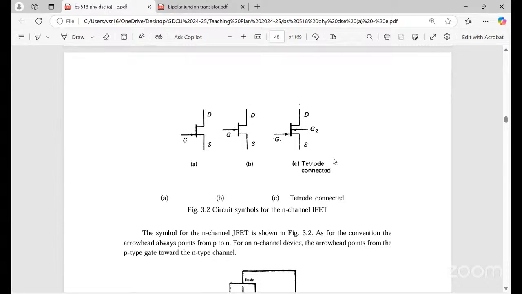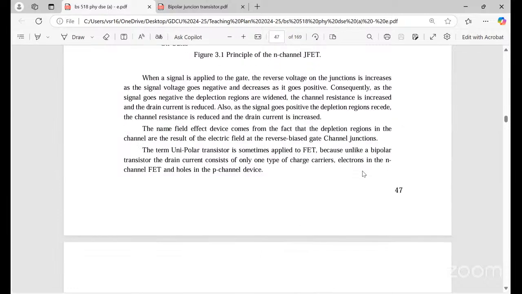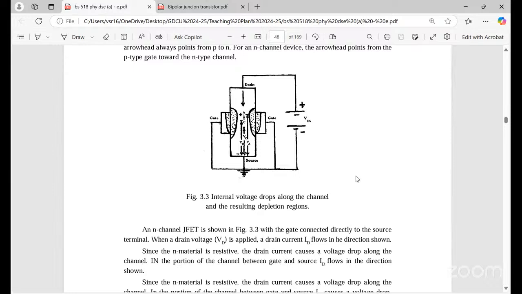This is the drain. This is the opposite tetrode, with other terminals. It shows how the internal voltage drops along the channel, either P channel or N channel, and the resulting depletion region.